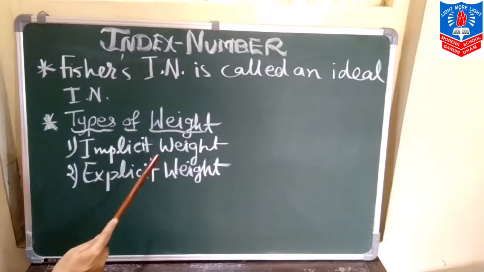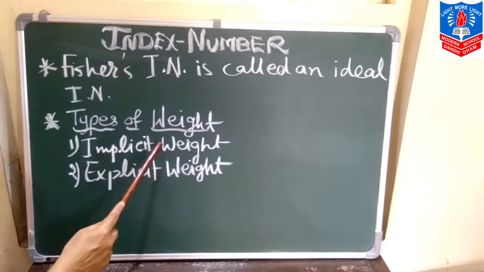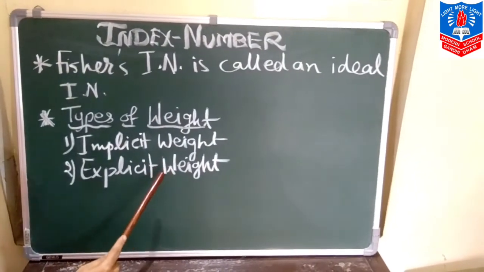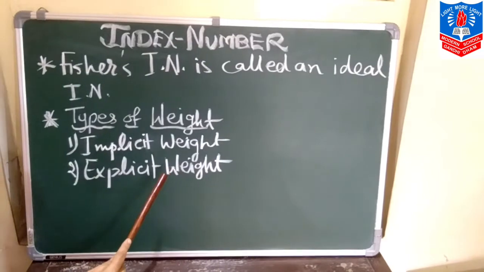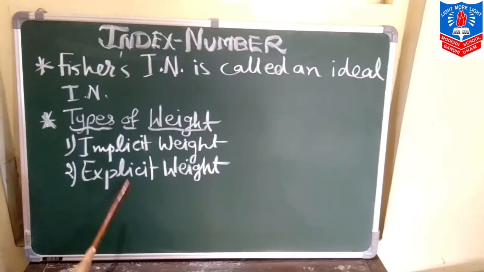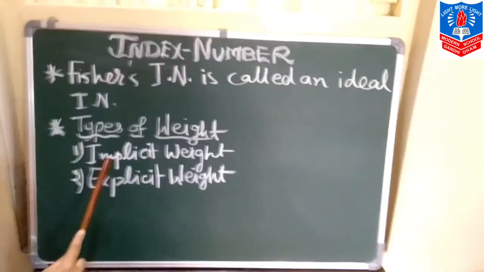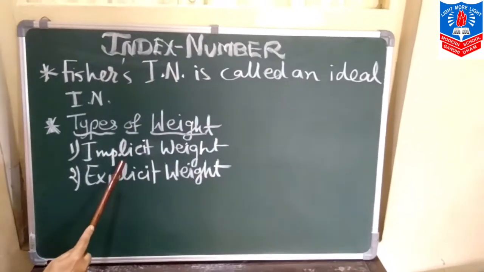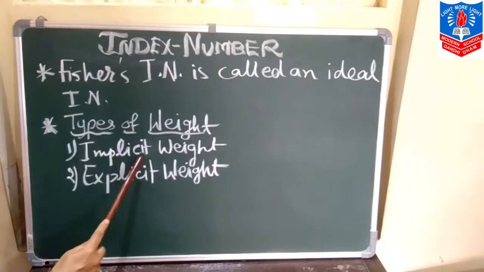Now there are two types of weight. One is implicit weight, another is explicit weight. Let us discuss in detail what is implicit and what is explicit. First, implicit. Another name for implicit is the indirect method.